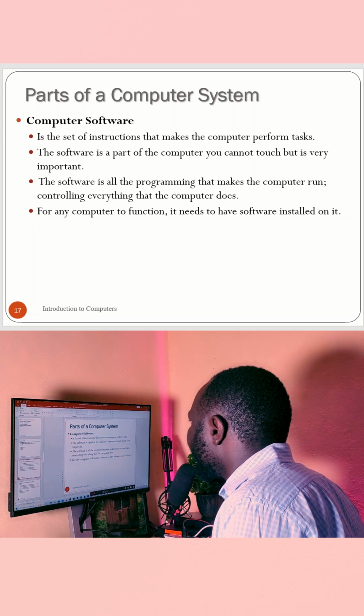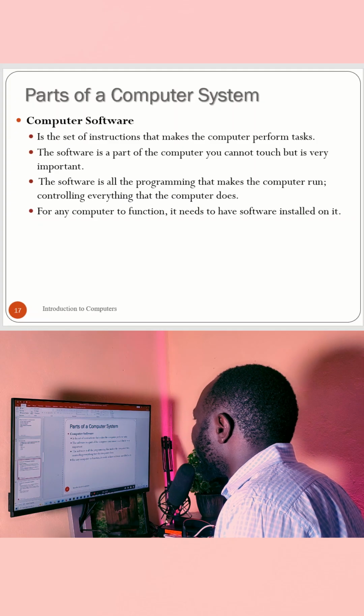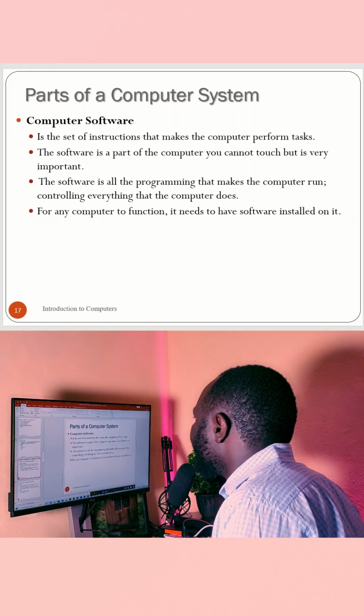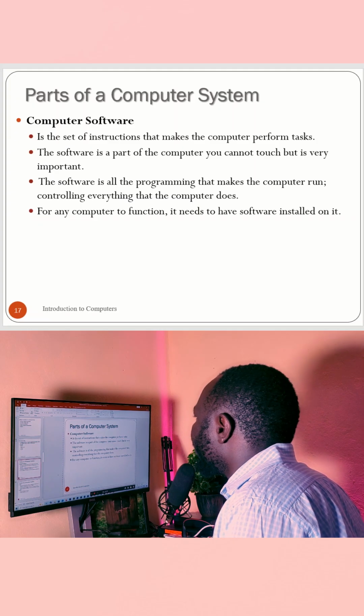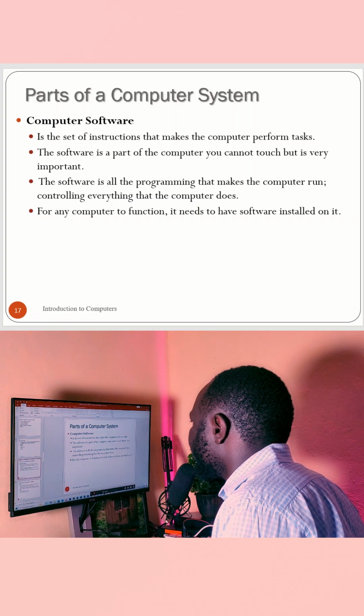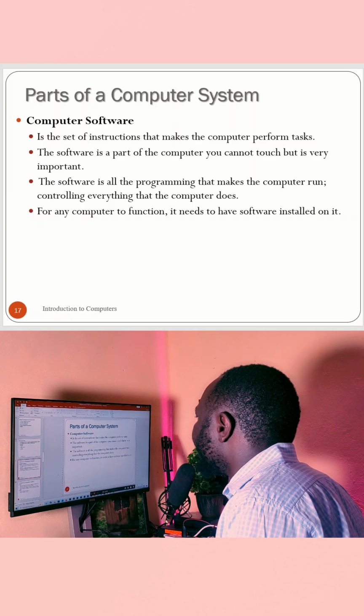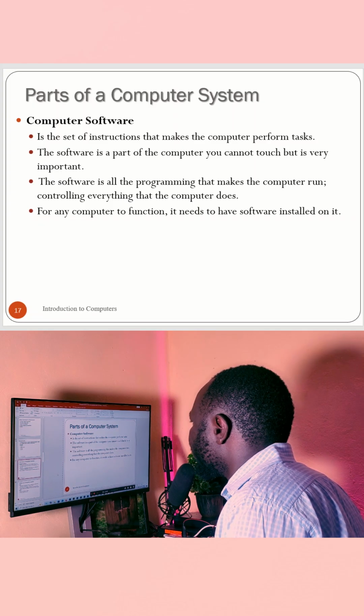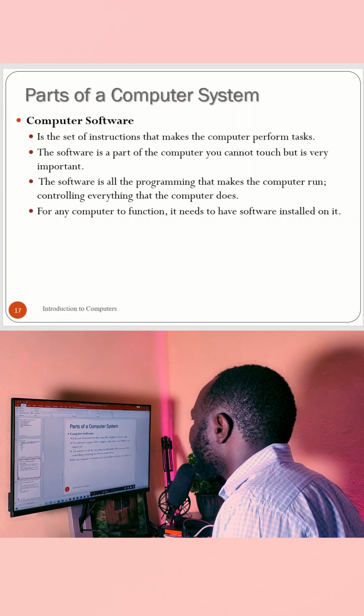This is the definition that I expect from you if asked. But do not tell me the computer software is the part of the computer you cannot touch. No. That is a very, very basic definition. It's not for a campus student. The software is the program that makes the computer run, controls everything that the computer does.